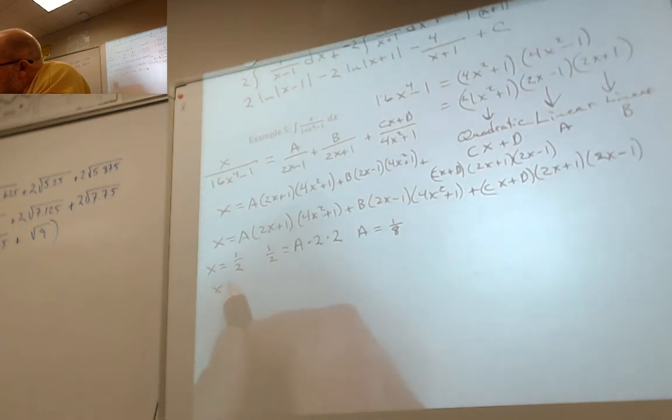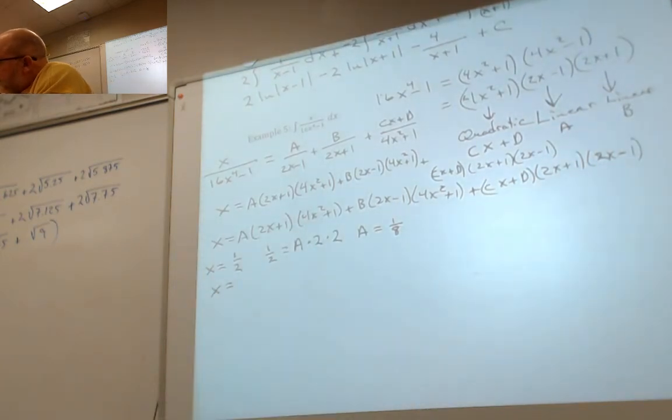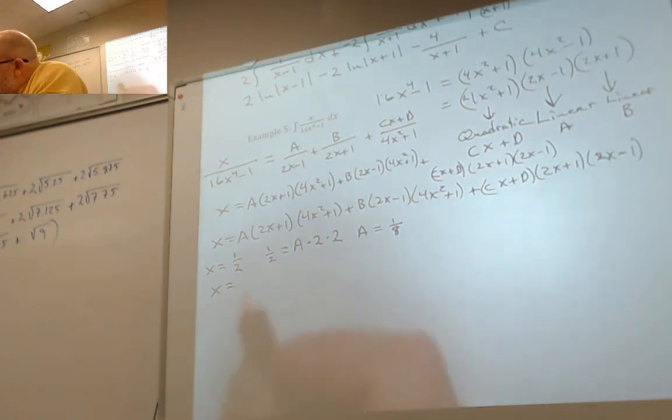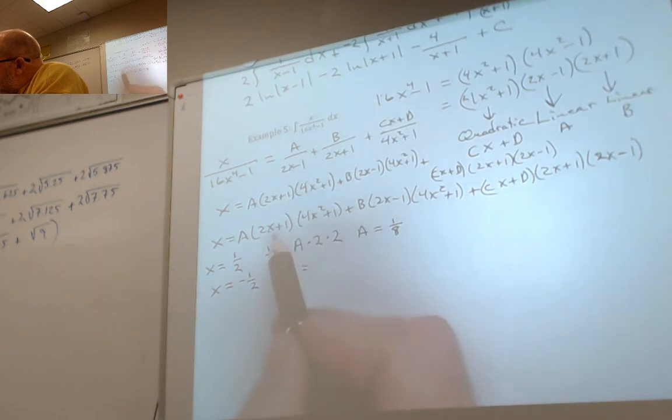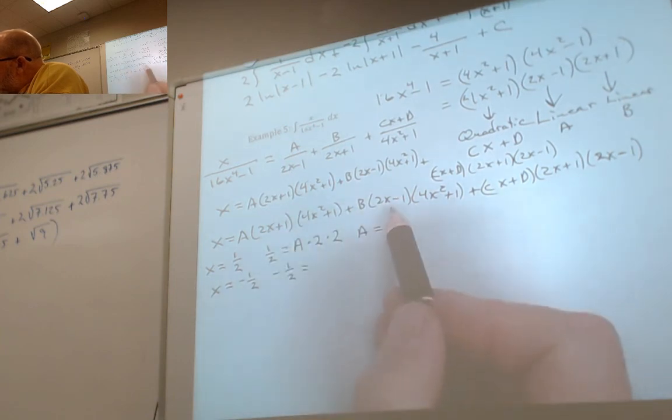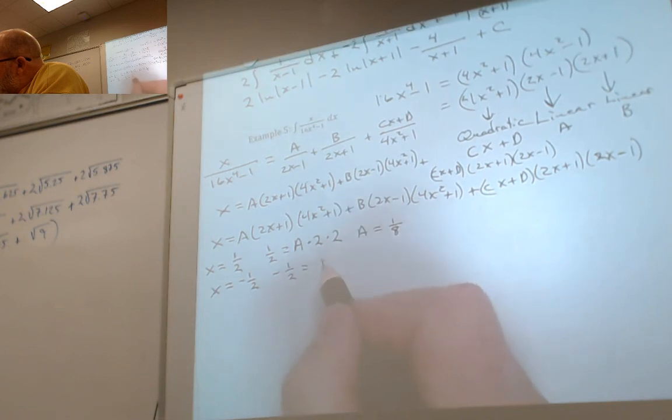x equals what next? A negative 1/2. So that means a negative 1/2 equals, well, if I plug it in here, it's 0. So I can plug it in here, and I'll get B times a negative 2.